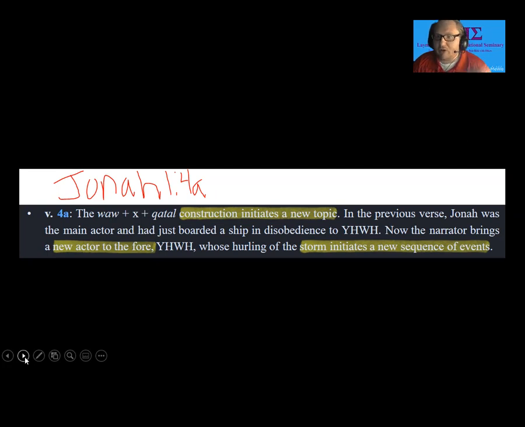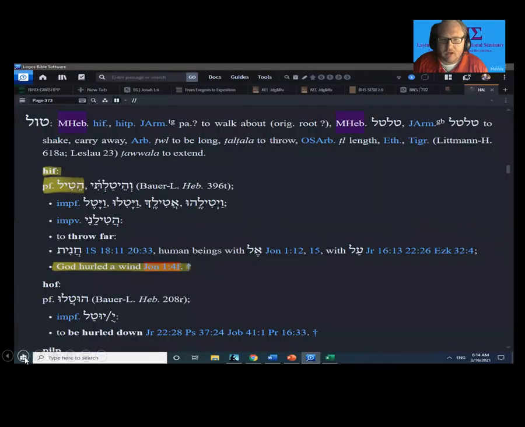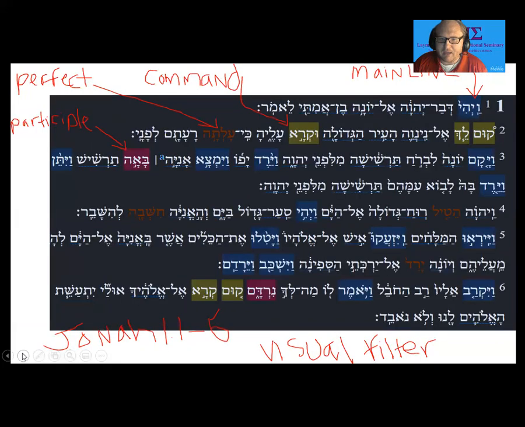Of course, the word of the Lord came in 1:1, but now we see the focus on him here as well. They've talked in class about this word and how it occurs, and God hurled a wind and all of that. So we'll come back to that if it shows up again.